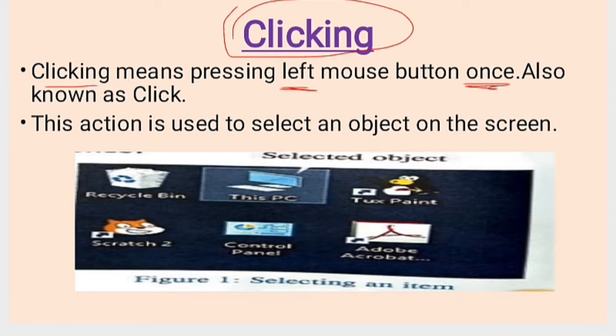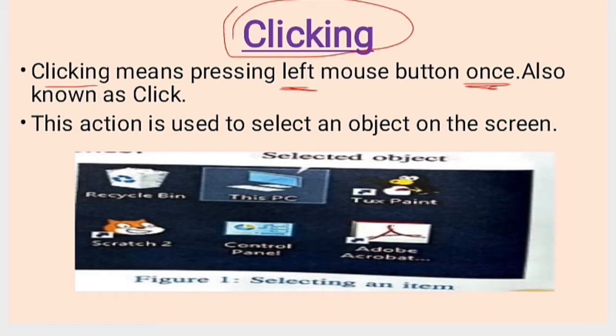When we press the left mouse button one time, this is known as a click. And this action is used to select an object on the screen.